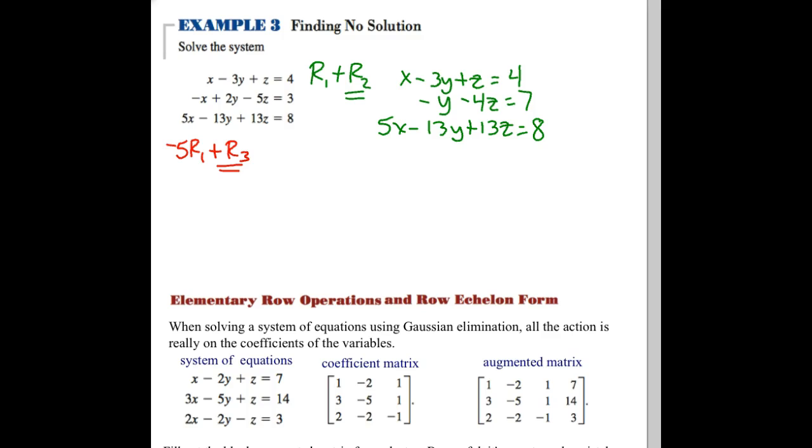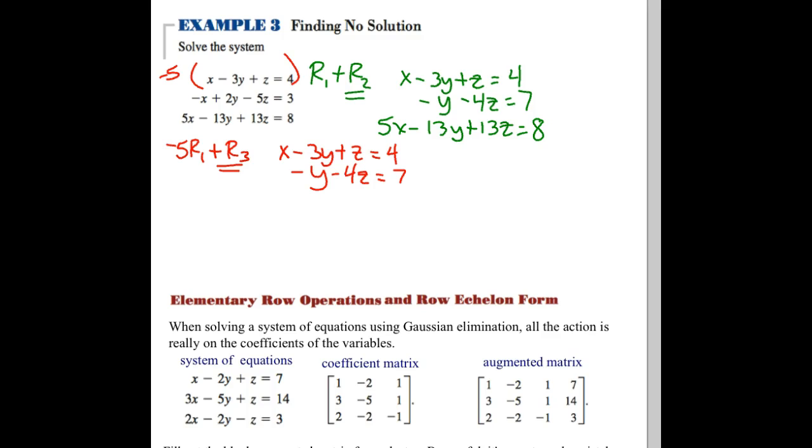All right, first equation doesn't change. Second equation hasn't changed. Third equation. If I take negative 5 times this top row and add it to the bottom row, what do I get? X's are gone.